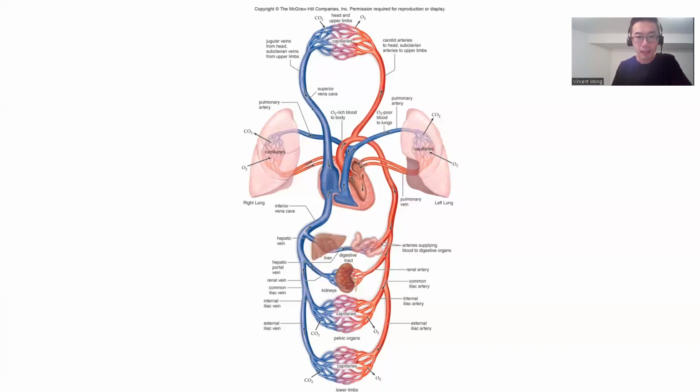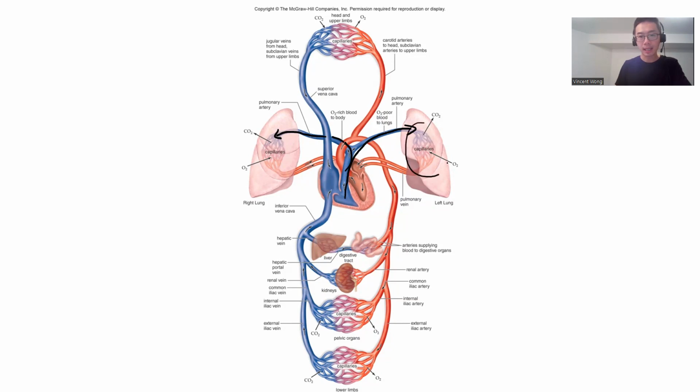Okay. Now this is the superior vena cava, right? And then this is the inferior vena cava. Right. So the blood will go into the right side of the heart, right atrium, right ventricle, and then it goes through the pulmonary artery, like that.